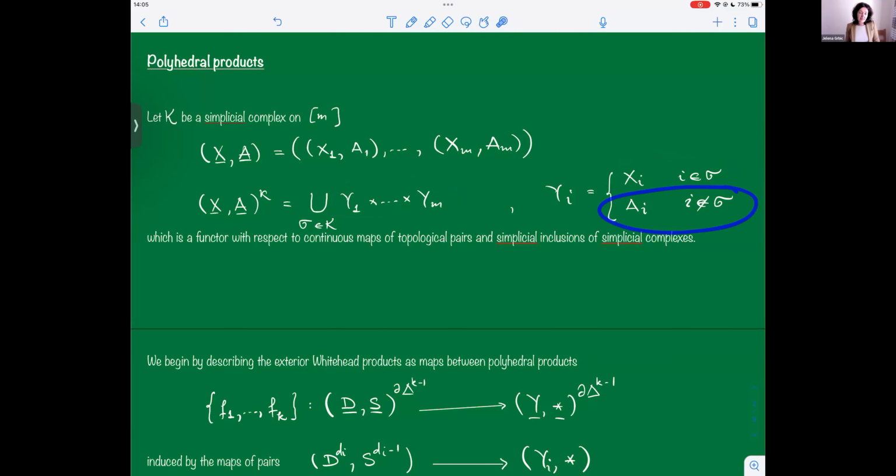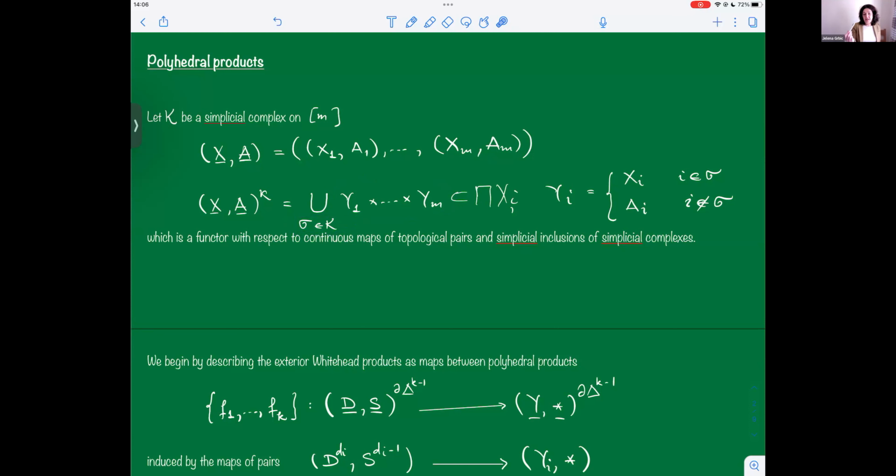If that coordinate is not labeled by sigma, then we are allowing only the values in the subspace A_i. So this is sitting obviously inside the product of all X_i's, and as I say, it is really governed by the combinatorics of K, because the way we are gluing these subspaces is according to the face category.